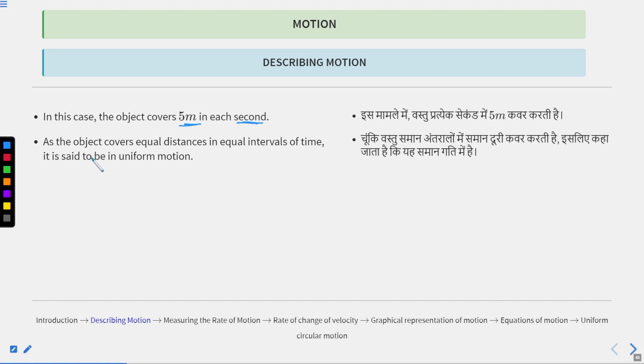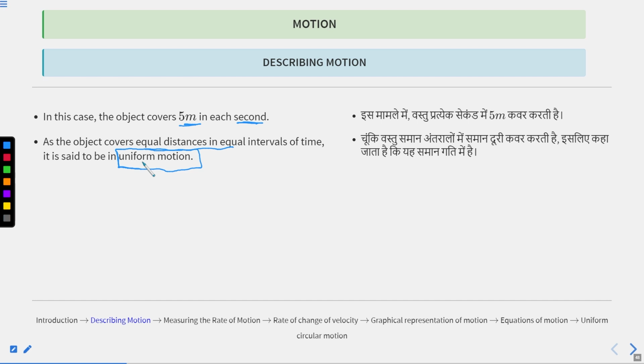As the object covers equal distance in equal interval of time, that object is said to be in uniform motion. So this is the definition of uniform motion: if an object covers equal distance in equal interval of time, then the object is said to be in uniform motion.